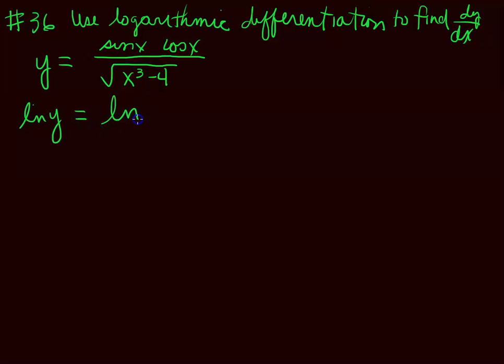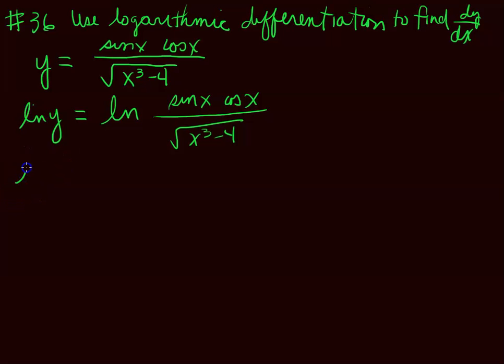Take the natural log of this quotient, sine x cosine x, over the square root of x cubed minus 4. Now, the nice thing about a log is it changes multiplication into addition, division into subtraction, exponentiation into multiplication.